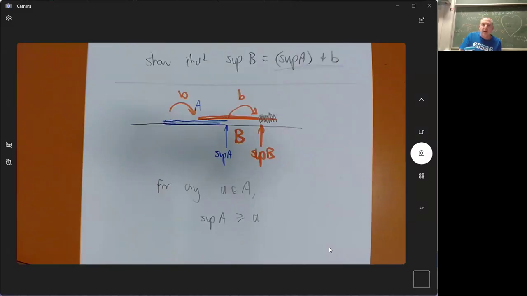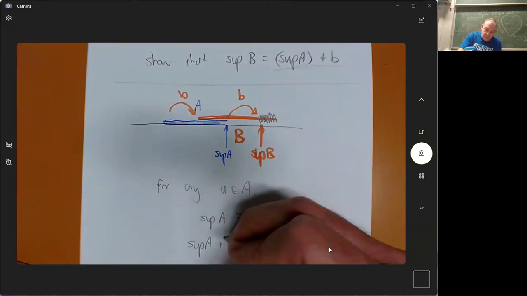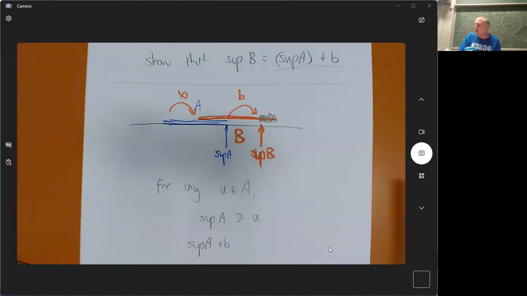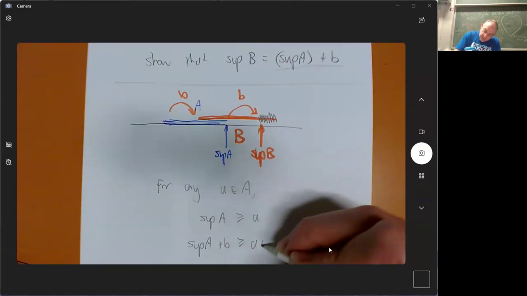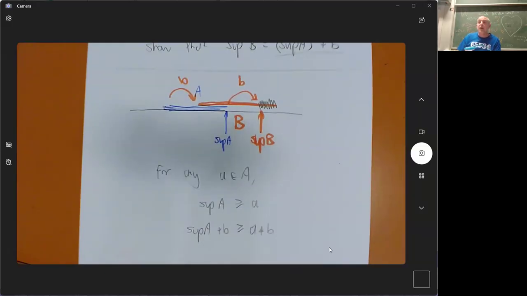And I'm just going to add b to both sides. So this is greater than or equal to a plus b. Right? I've just added b to both sides. Now that is okay with inequalities. It's one of the axioms, or maybe not, but anyway, provable from said axioms. So I can do this. And this is all of the elements of B.